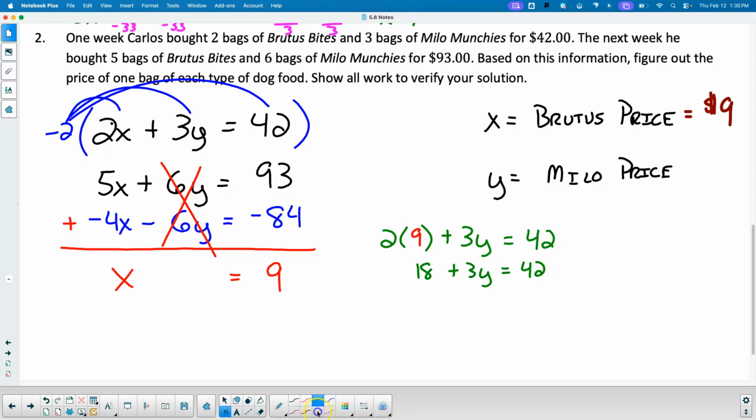Next step. Subtract 18. 3y equals 24. Next step is divide by 3. Gives me y equals 8.